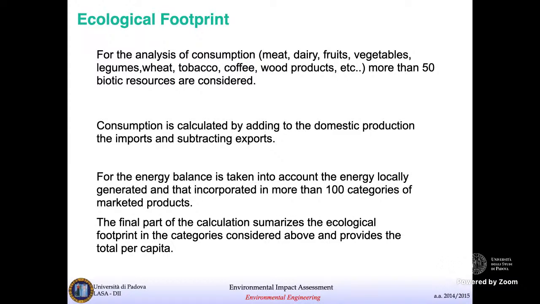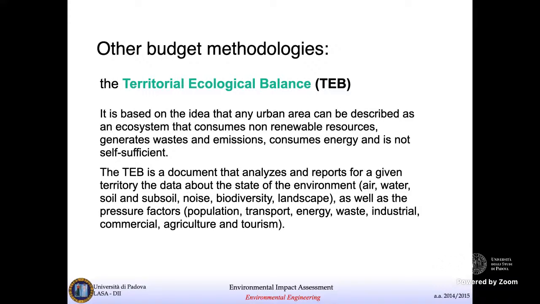Okay, for a matter of completeness, we have to cite also the territorial ecological balance. That is, if you want, one of the ancestors of the ecological footprint. It was based on the idea that any urban area can be described as an ecosystem that consumes non-renewable resources and generates waste and emissions, consumes energy, and is not self-sufficient.